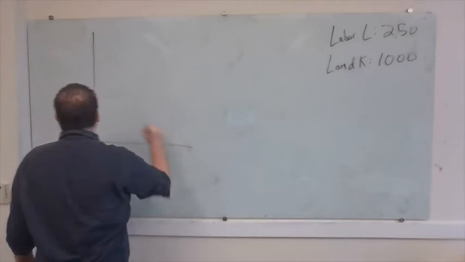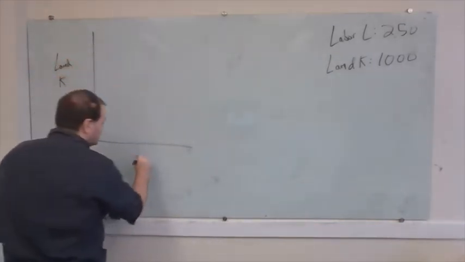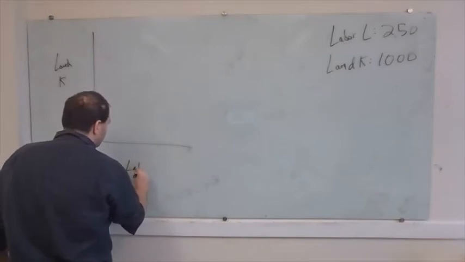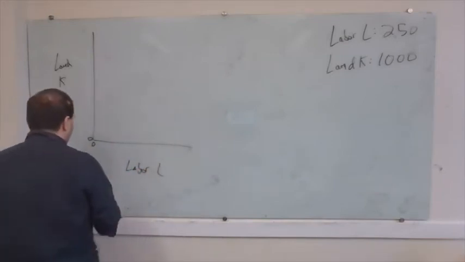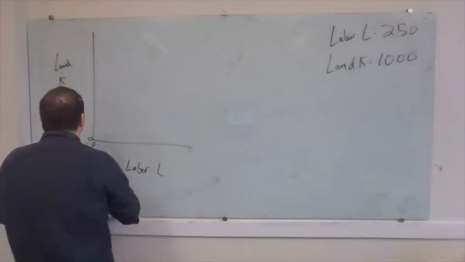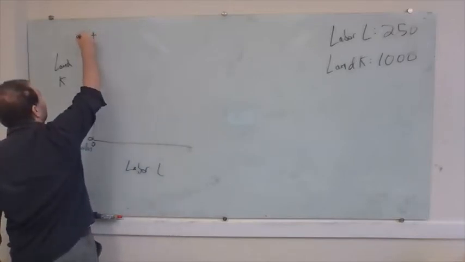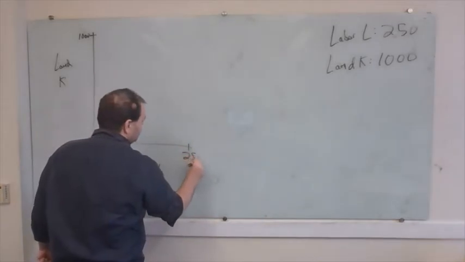So we can draw a graph where we've got land on the vertical axis, labor on the horizontal, we have avocados, and we can go from having 1,000 acres of land to avocados to zero, from 0 to 250 workers.